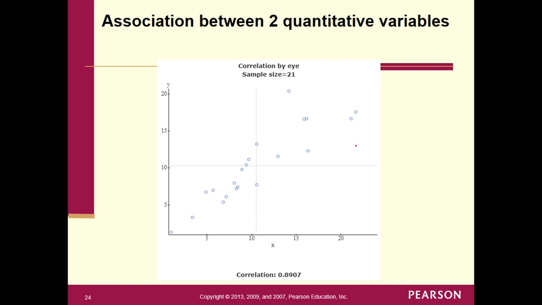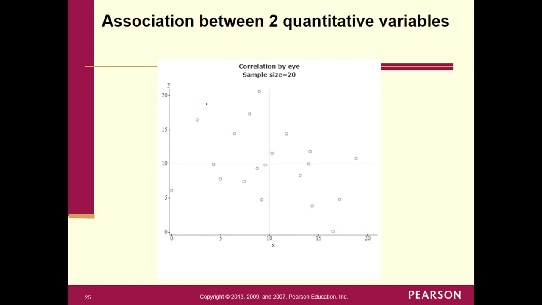Okay, let's take a look at the next one. Looks like we have a negative relationship here, doesn't it? There's our trend line. It was supposed to be straight, but that's okay. Clearly it's negative, and these dots are pretty spread out.